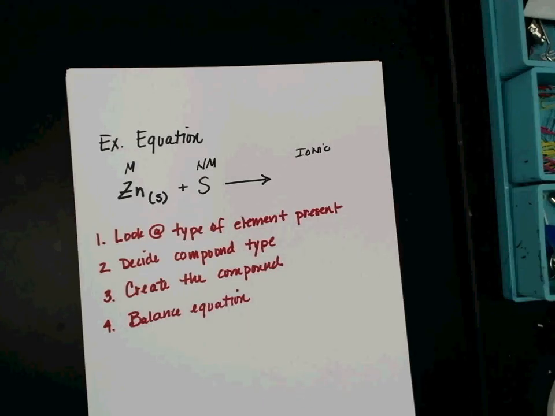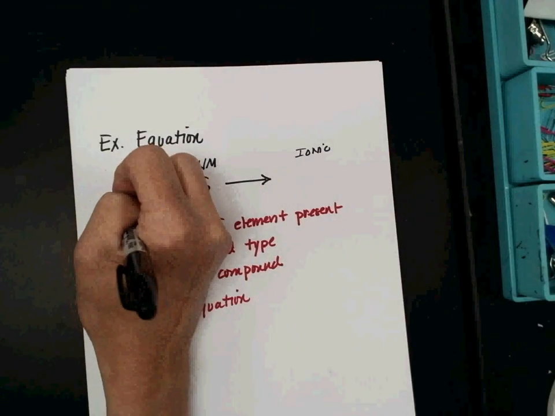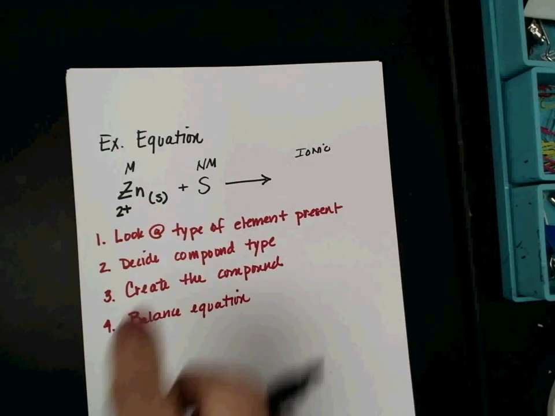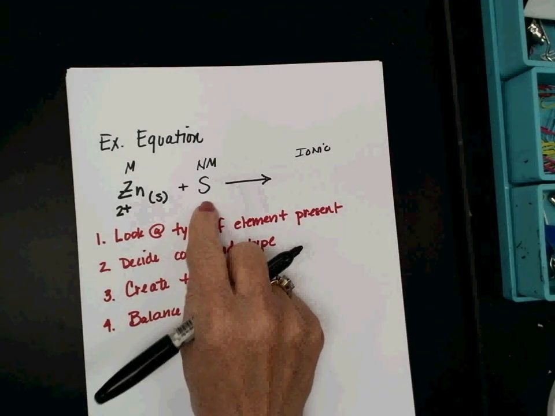Okay. Help her out, Levi. 2 plus. How'd you know it was 2 plus? The triangle. Do you not have the magic triangle on your periodic table? Oh, okay. Okay, how about sulfur, Tucker?